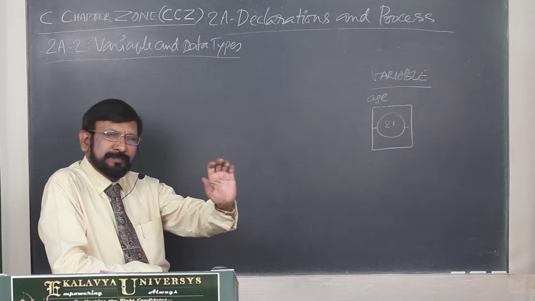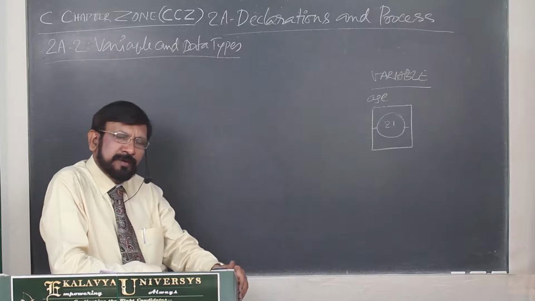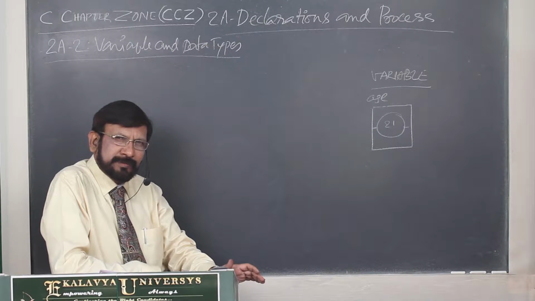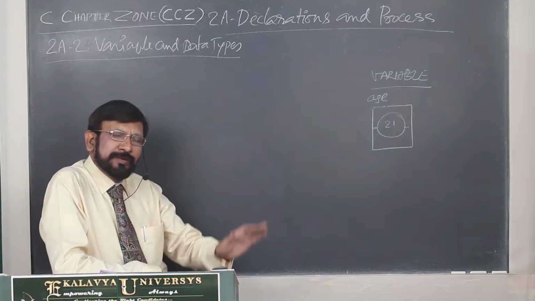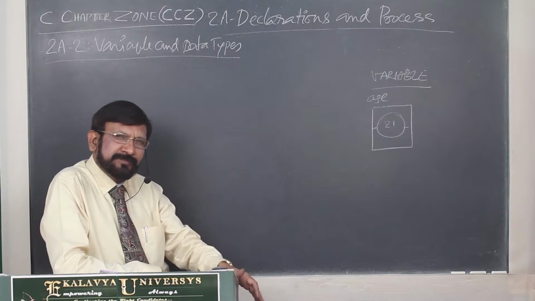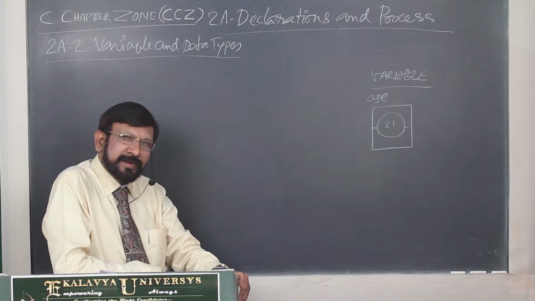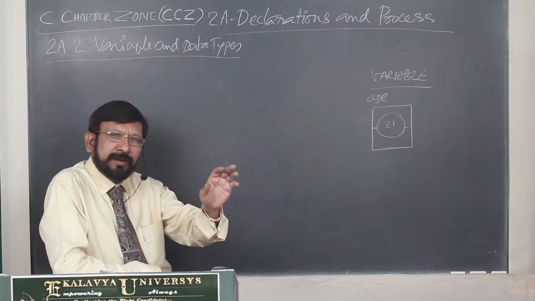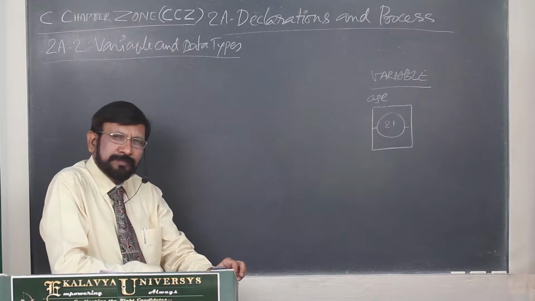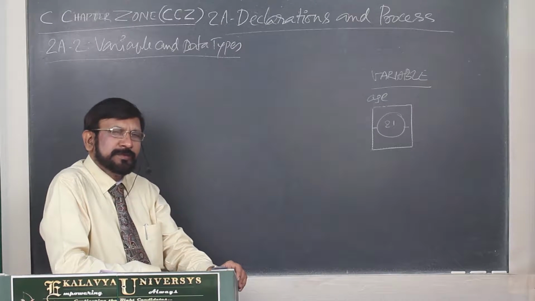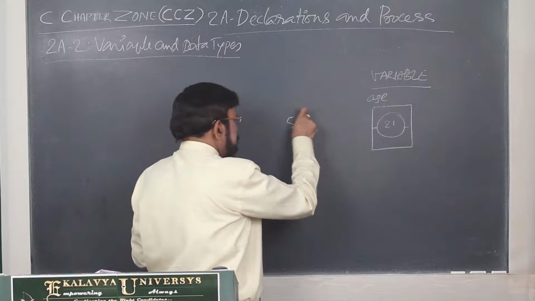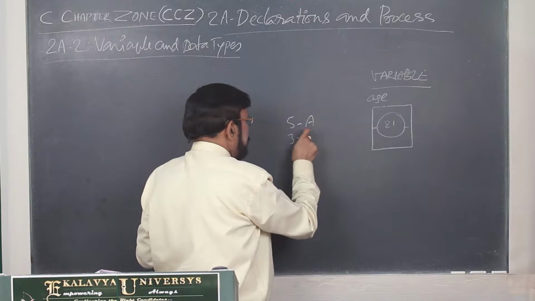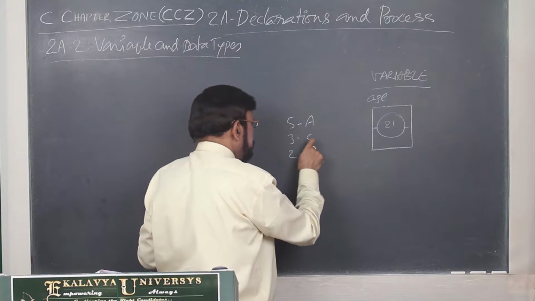Before that, let me refer to the previous example I explained. You invited 10 guests for dinner, and they are 5 adults, 3 children, and 2 babies.